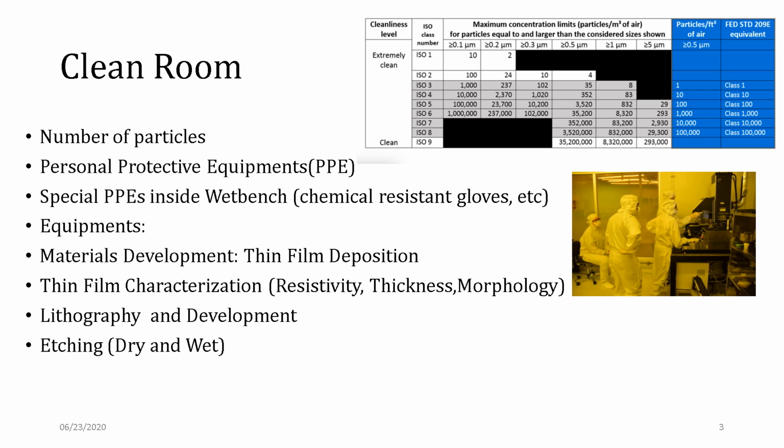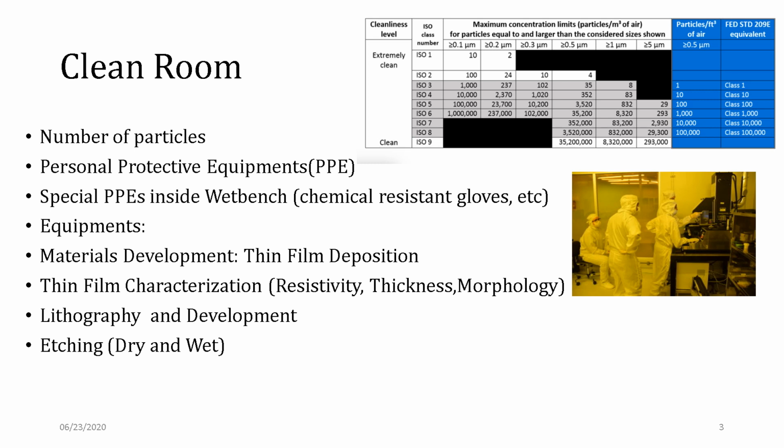So to start with, why do we need a clean room? We need a clean room because we don't want the devices to have defects or dust particles. We need an extremely clean ambience in order to develop defect-free, dust-free devices. And the level of cleanliness that we are talking about is per feet cube.